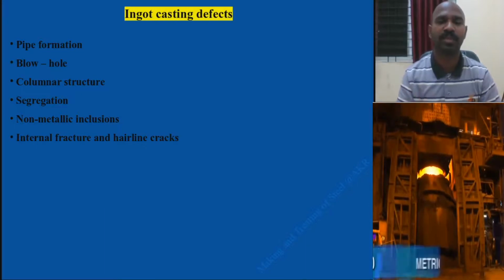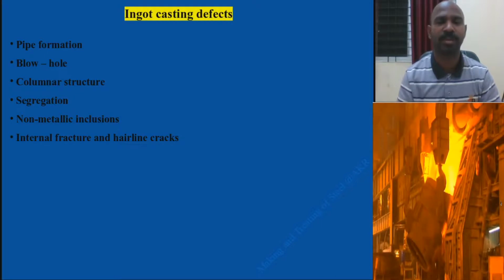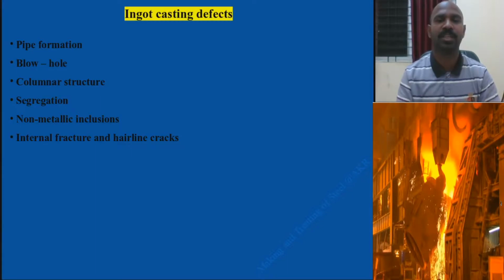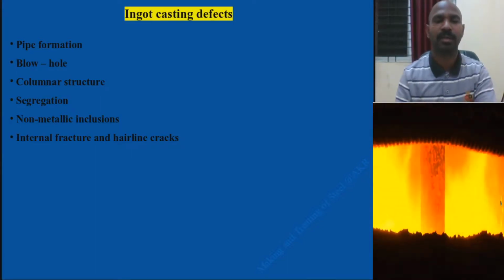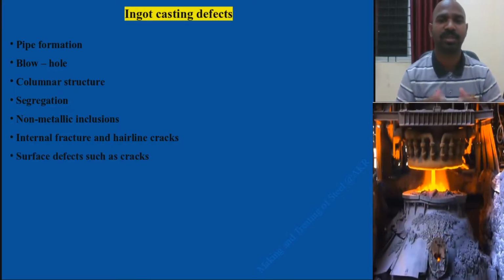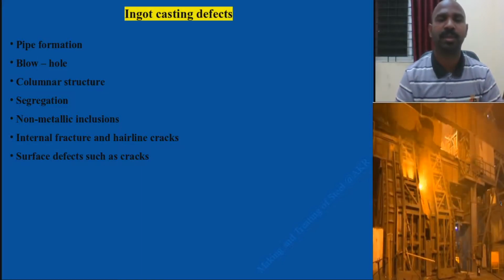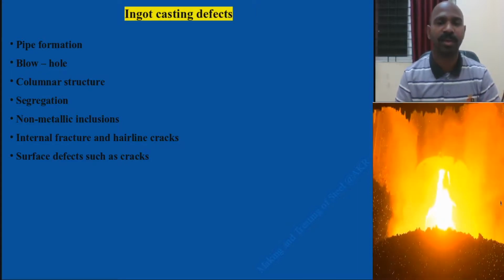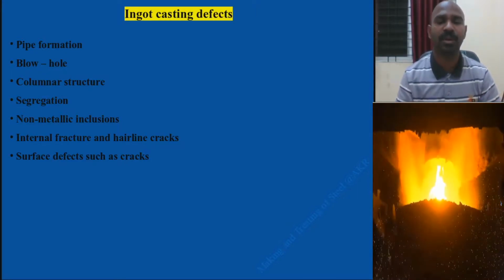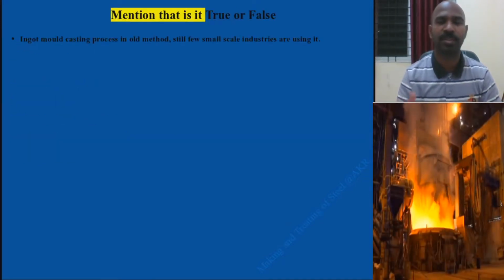Internal fractures and hairline fractures are observed in killed steels. The pipes, the broken type of cracks, form inside the ingot casting also, and very small hairline cracks inside the casting are observed. Surface defects such as cracks are observed in killed steels only. These pipes encourage the formation of shrinkage at the surface, and that shrinkage leads to surface cracks.